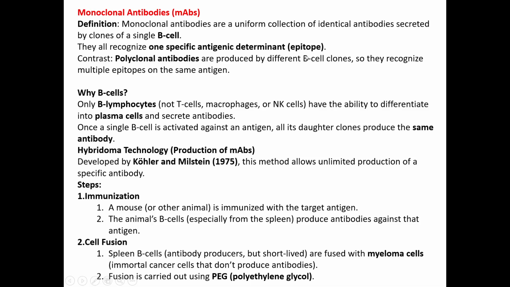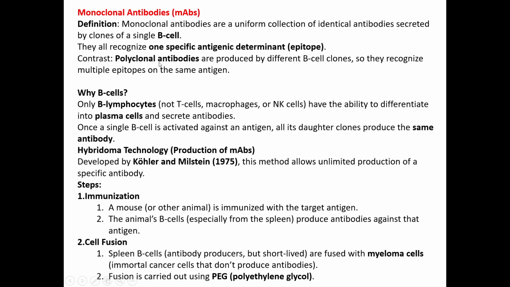An antigen might have more than one epitope, or multiple epitopes on its surface, and different B cells can recognize different epitopes and produce antibodies specific to that particular epitope. So generally, in a population of B cells, you will have different types of B cells which have recognized different epitopes and have produced different types of antibody for the same antigen.